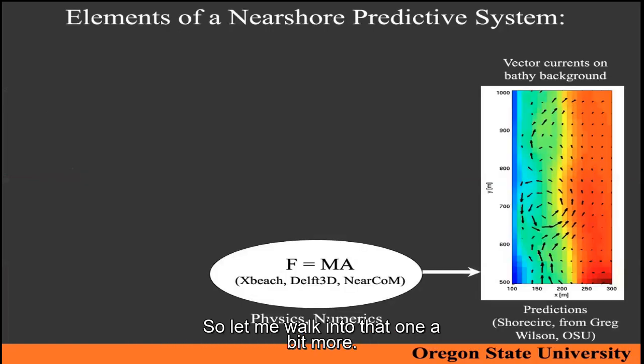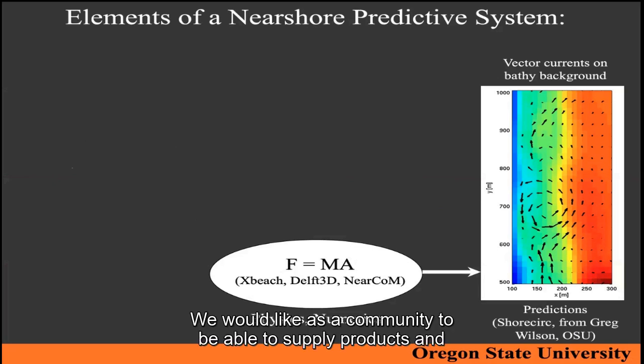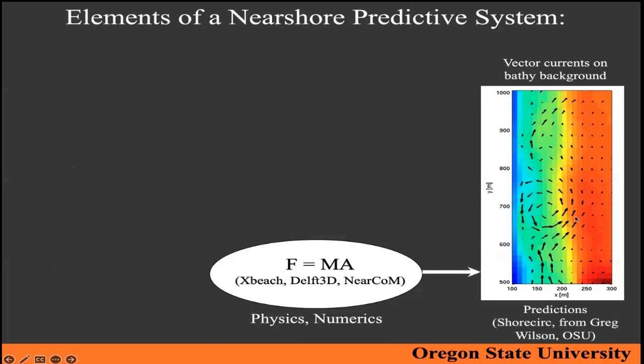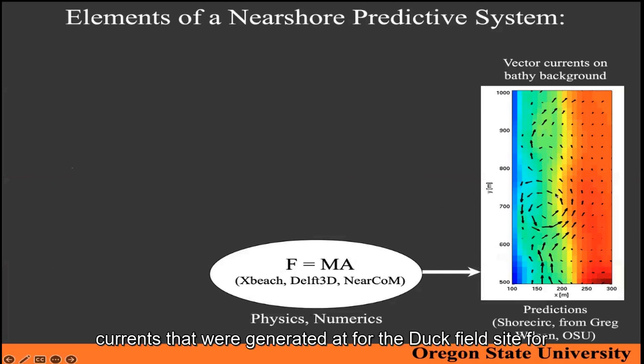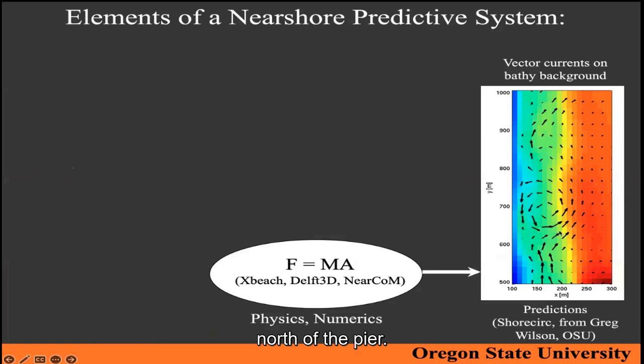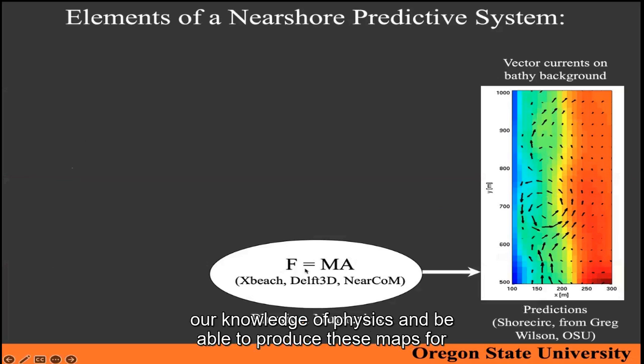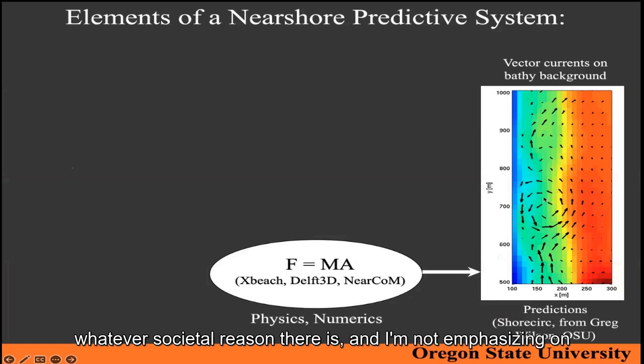So let me walk into that one a bit more. We would like, as a community, to be able to supply products, and I've just given one example here on the right, which is a map of currents that were generated for the Duckfield site north of the pier. This is work by Greg Wilson from OSU. You'd like to take models, which is an embodiment of all our knowledge of physics, and be able to produce these maps for whatever societal reason there is.